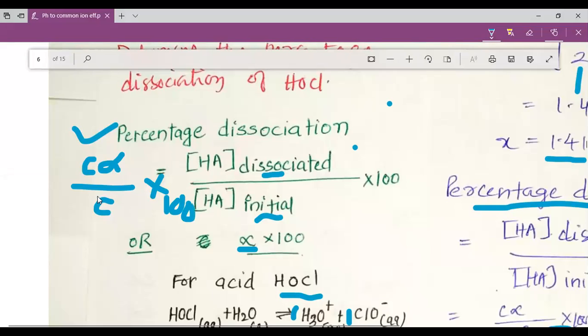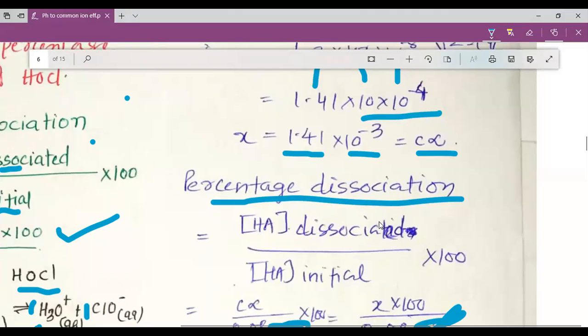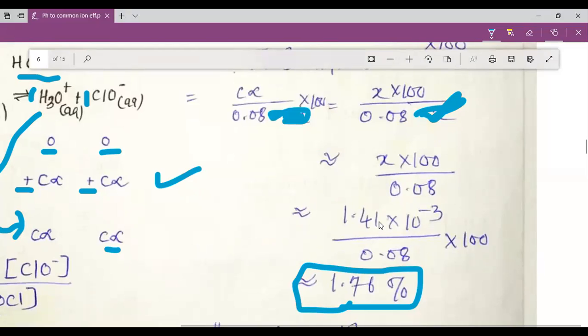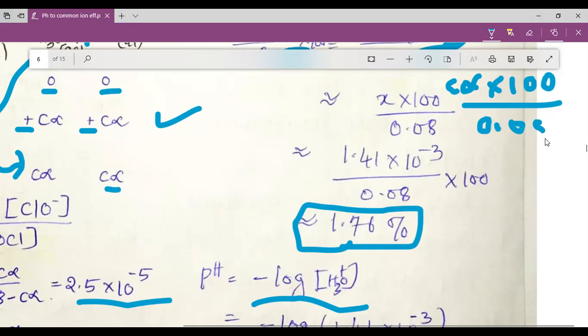Now simply when you cancel this C and C, my dear students, you get alpha into 100, and that is why I have written it clearly, alpha into 100. Here also, in the solution of the problem, your X is equal to C alpha, multiplied by 100, and C is the initial concentration, 0.08, which is already given.